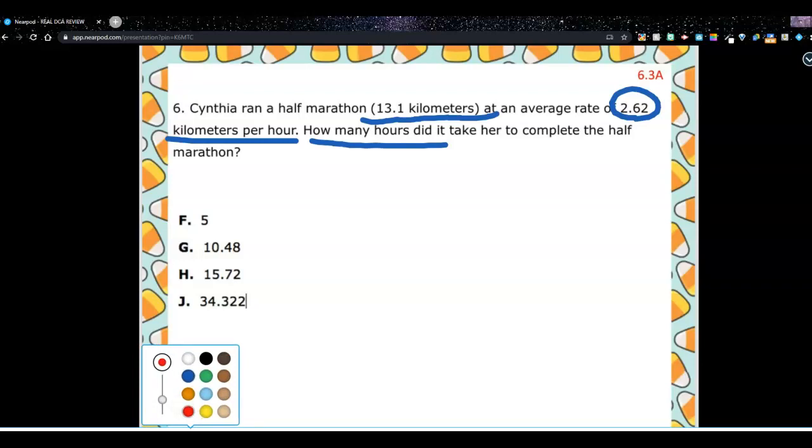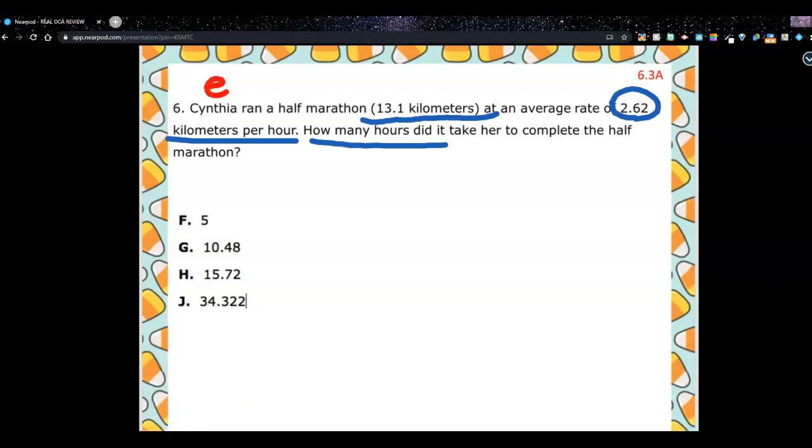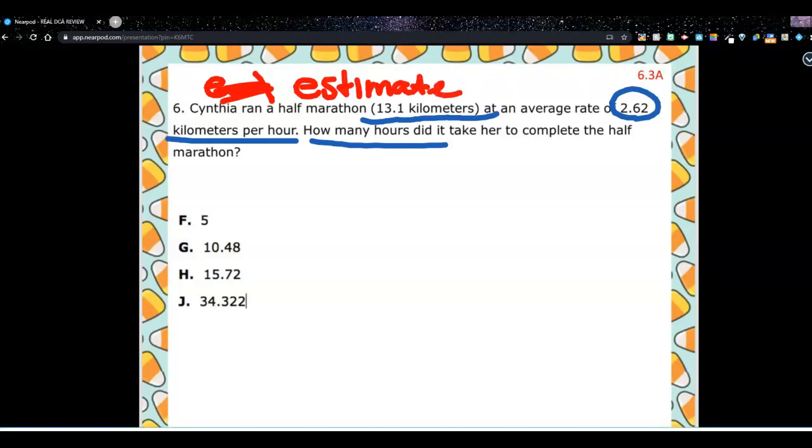So the first thing I want to do is use estimation on this one. So I'm going to write the word estimate. E-S-T-I-M-A-T-E. Estimate. 13.1 kilometers, we're just going to call that 13.